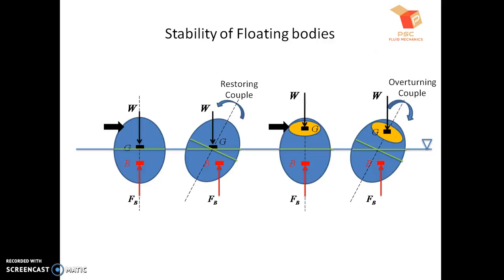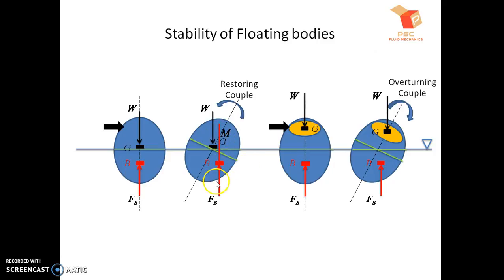To do that, we can extend the line of action of the force of buoyancy. It will intersect the body axis somewhere here, and if I name this point of intersection M, it is known as the metacenter, which is a very important concept.